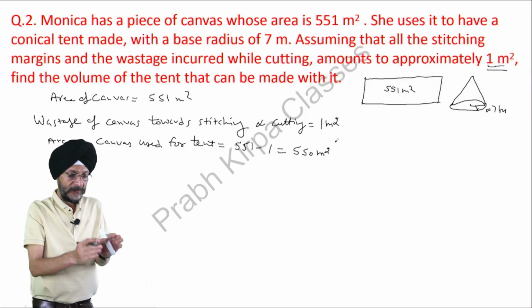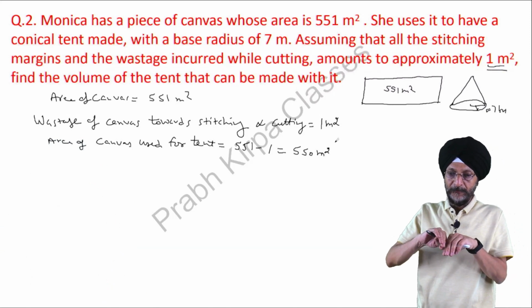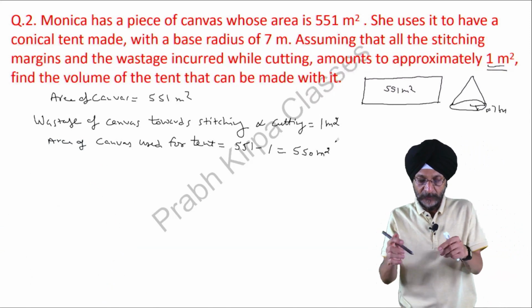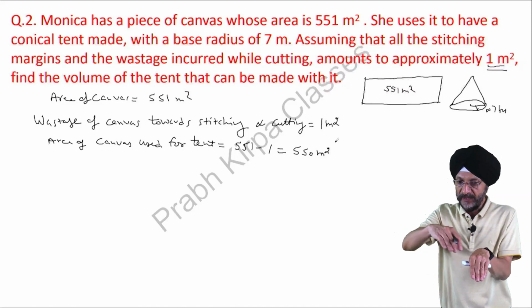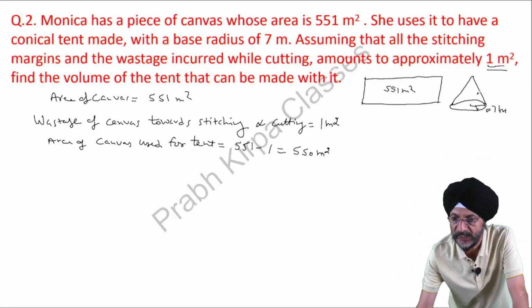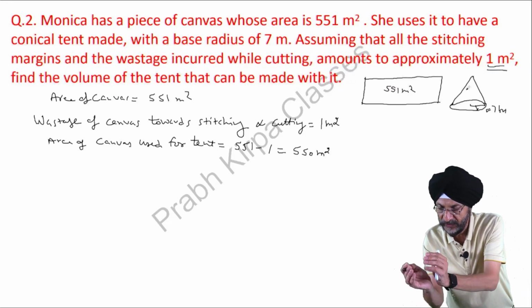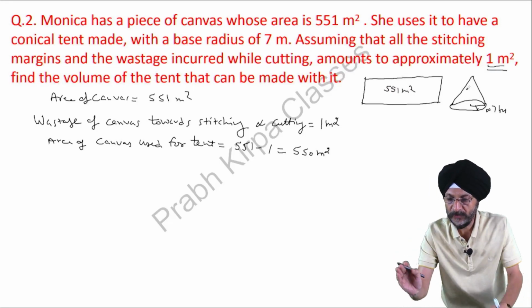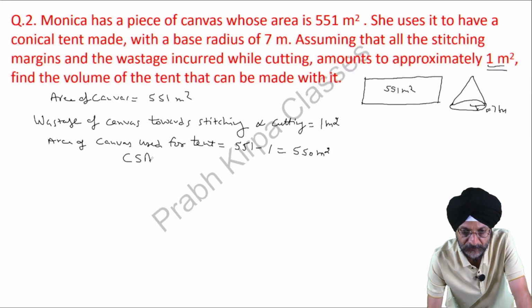It means that when we fold a canvas to do stitching, some of the canvas goes inside, and the outer area of the canvas which appears to us is the curved surface area of the tent. Whatever goes inside the tent towards stitching is not visible to us. So the curved surface area of the tent is 550 square meters.